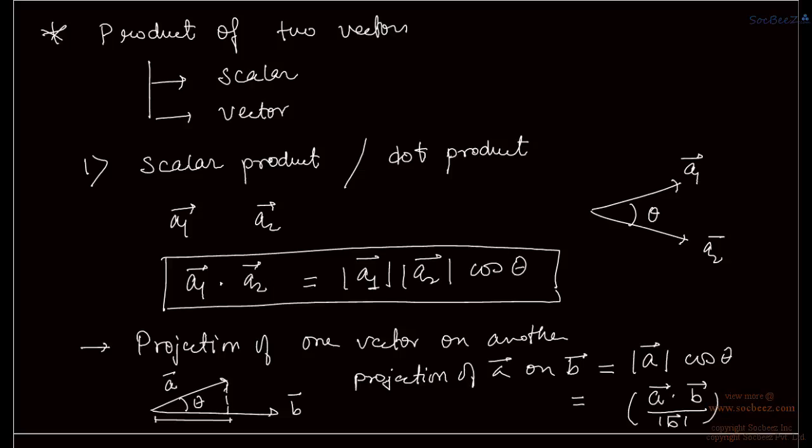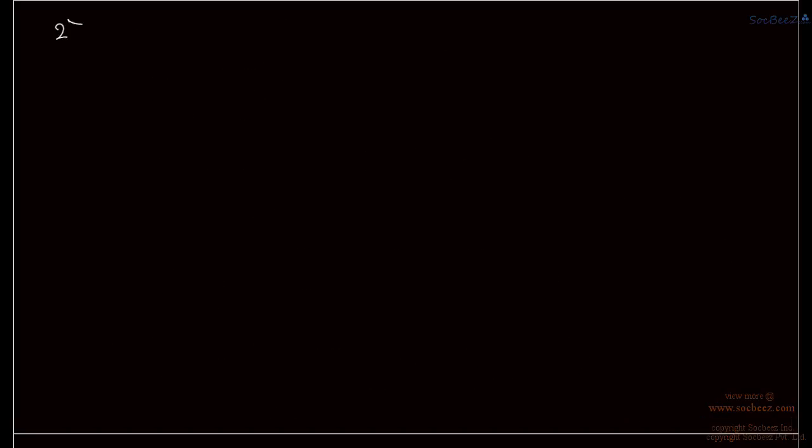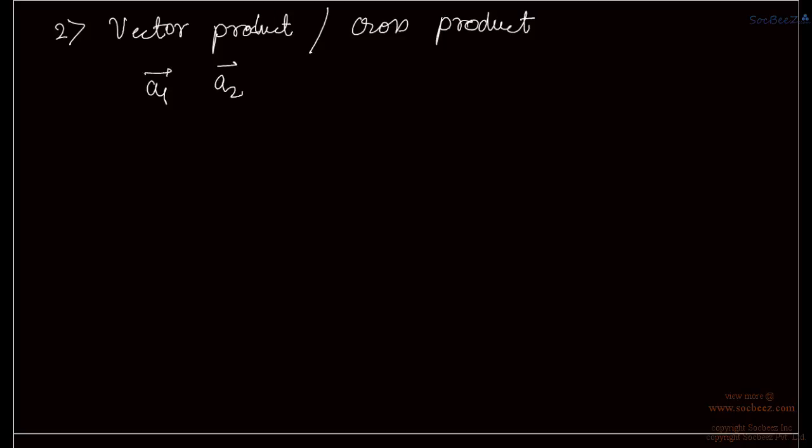Okay. So now moving to the second type of product, which is known as the vector product or cross product of two vectors. So we have vectors, say A1 and A2. We define the vector product as A1 cross A2. It is also known as the cross product, and it gives another, third vector.